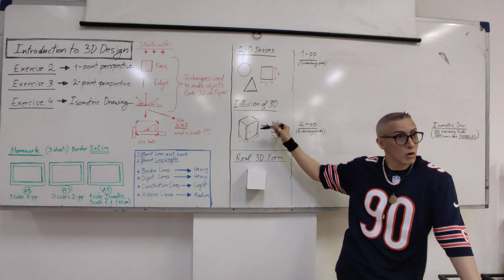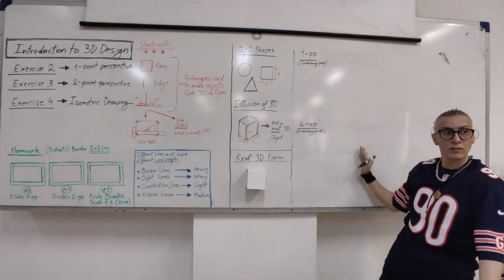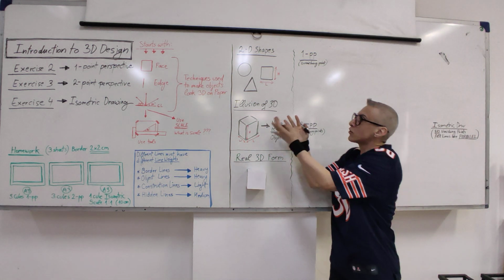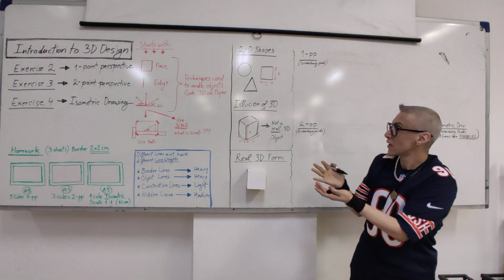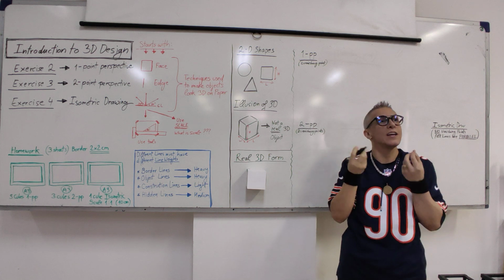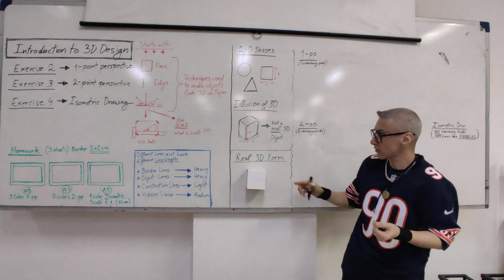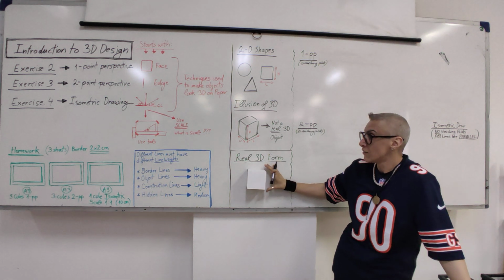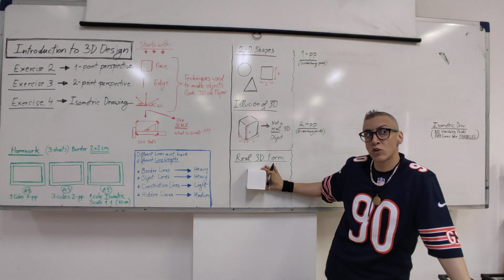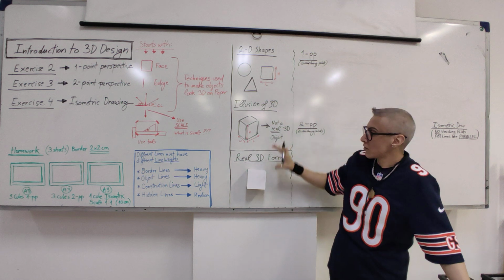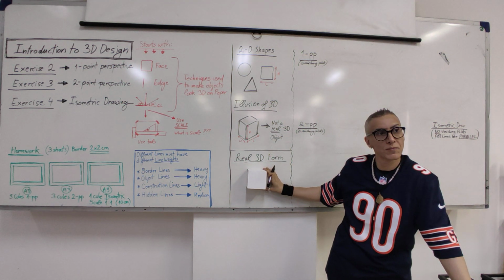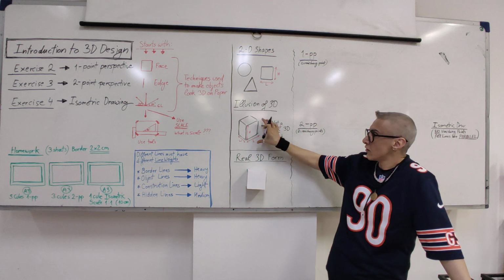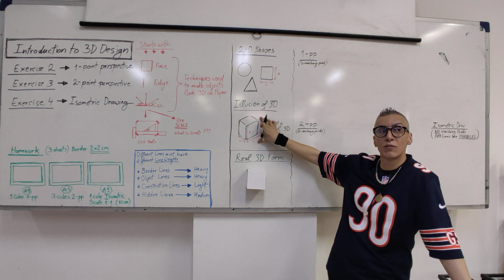Because I still draw it on a flat two-dimensional surface, but it somehow looks 3D. But it's not really a 3D object. A real three-dimensional object is this. This is a real cube, a 3D, and we will not call it a shape. These are shapes, these are forms. So this is a three-dimensional form. This is an illusion of 3D.